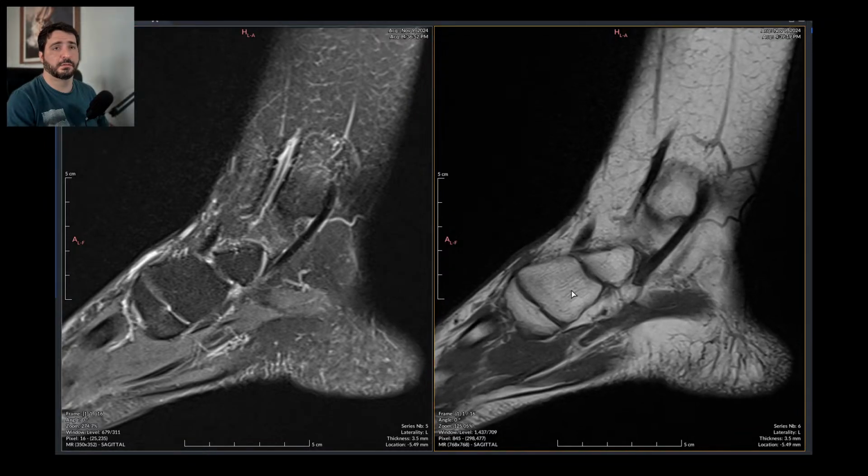Ankles, I always like to see the sagittal first, and of course it's nice to have some kind of clinical history before looking at the images. It says it's a torsion, it's trauma, probably looking for some.